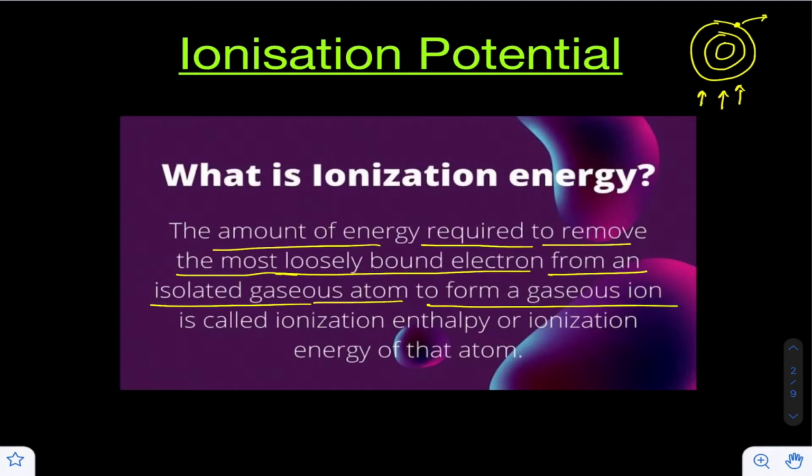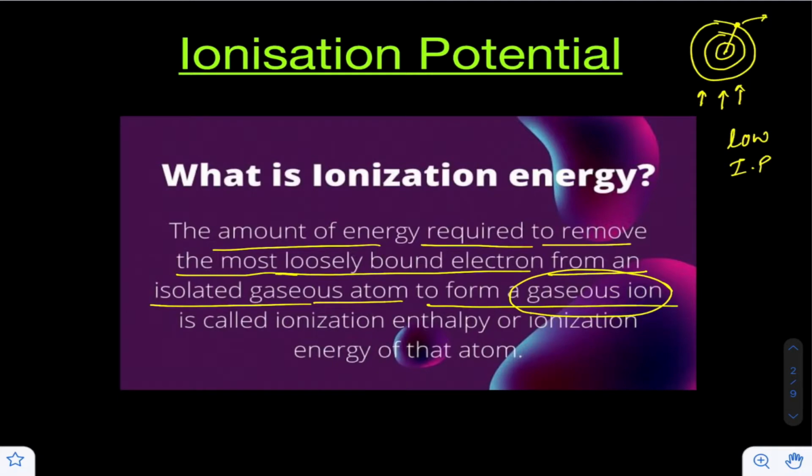So if this electron can be easily lost, we can say the metal will have low ionization potential. As an atom loses an electron, it turns to a cation. So that is why it is printed here as gaseous ion. It will turn to a gaseous ion.